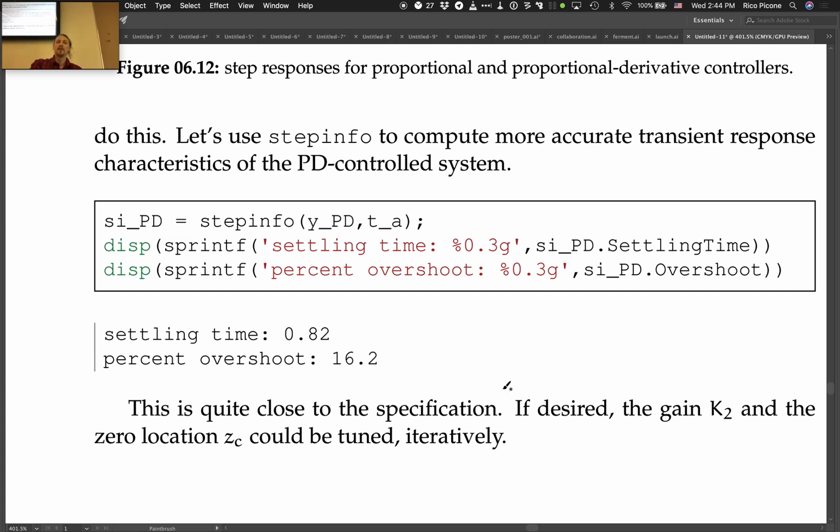We could probably do an iteration of tuning to see if we could get it a little bit tighter, right? We can move that ZC around if we want, or we could tweak the gain. Those are our two adjustable parameters at this point, and you could tweak those a little bit and see if you can get a little closer. So that is the design process.